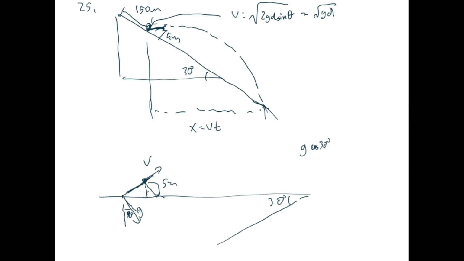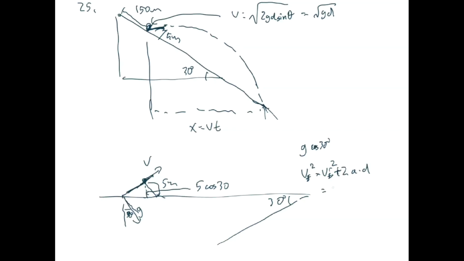And also we know the height, which will be 5 cosine 30. So we can find the time by first finding the change in velocity. We can use one of the kinematic equations, v final squared equals v initial squared plus 2 times acceleration times distance.